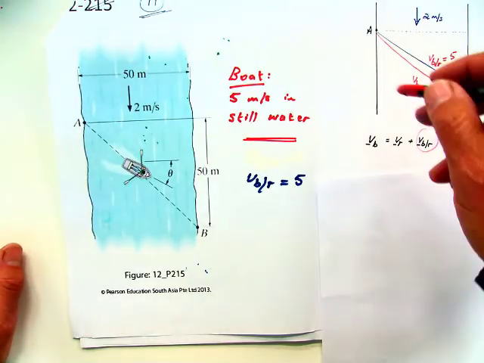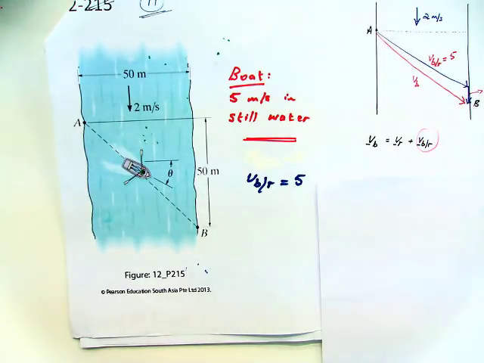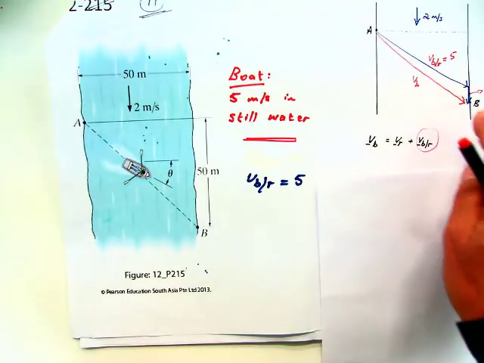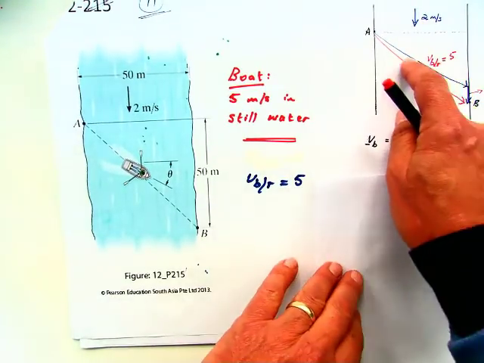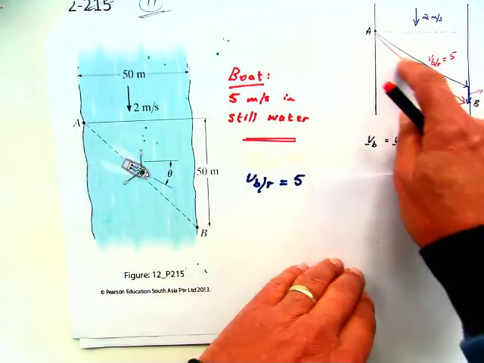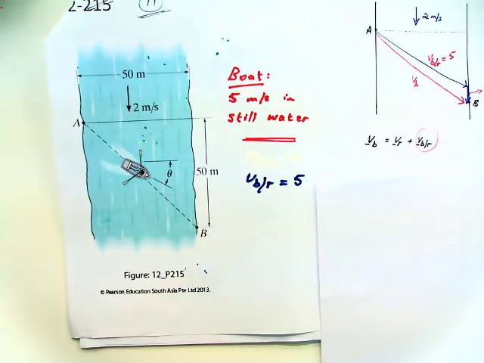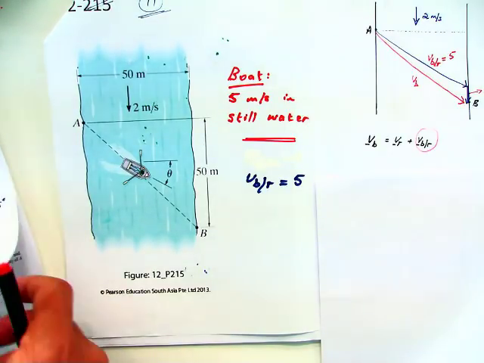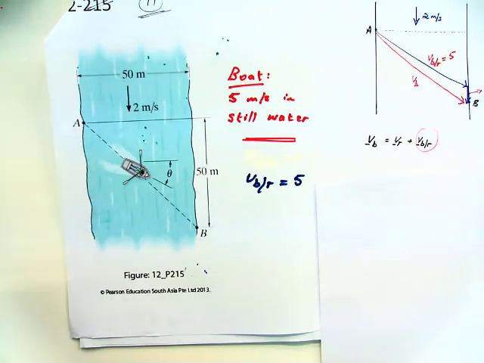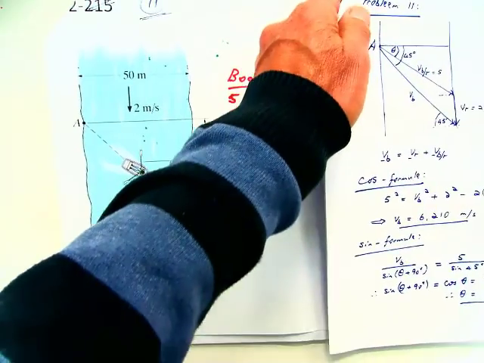And in this case, it's much better to solve it by using this triangle here, this inside triangle. If you solve it by using the i and j components, you get an equation with a sine and a cosine in it. And here's a better drawing than the one I have there.